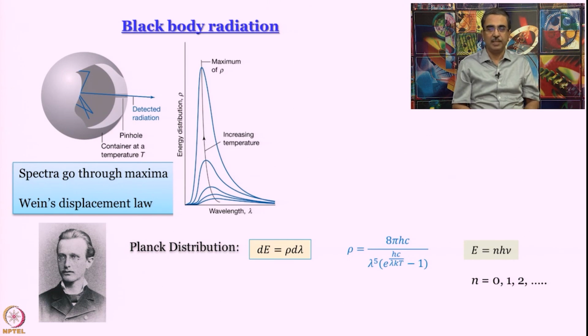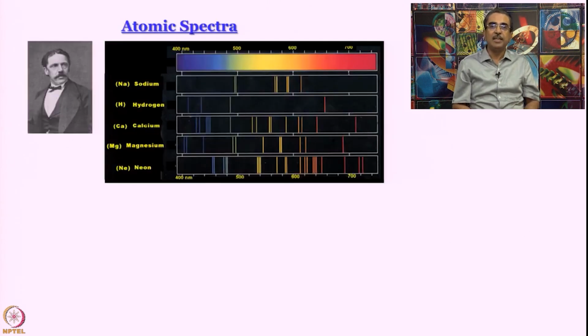That was one beginning. Another beginning was this line spectra. What you see here is the x axis is wavelength and you get a line. The color is something that is added later, actually these are black and white photographs, but what you do essentially is that you place a prism or a grating in the path of light that comes out of the atom and you disperse it.